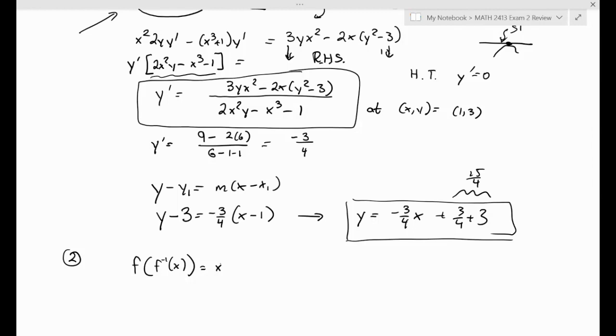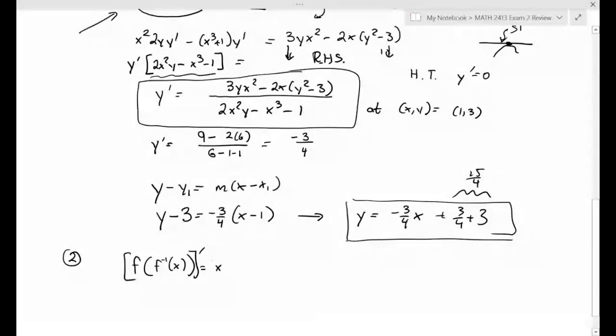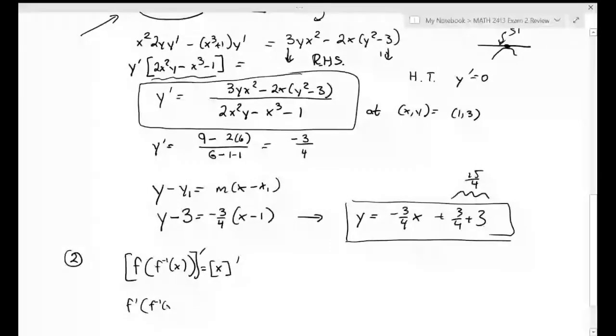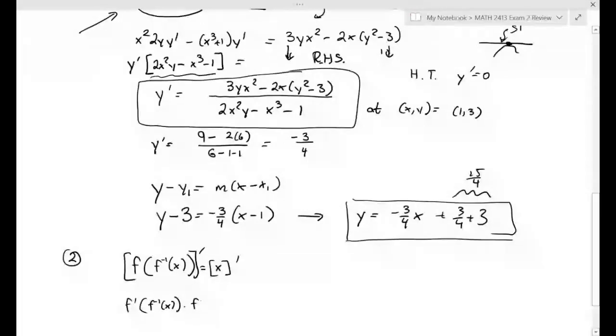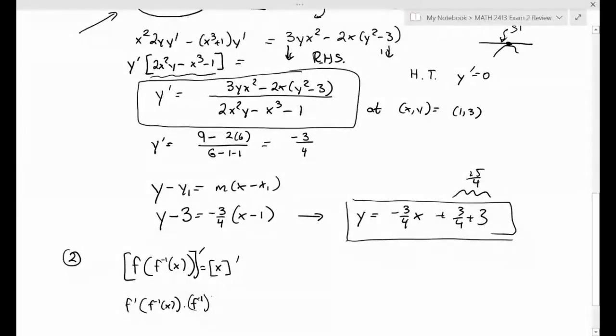The formula you derived was an application of the chain rule. We just differentiated both sides with respect to x. I'm going to write prime. The chain rule says you differentiate the outside function, which is just f, leaving the inside alone, and then multiply by the derivative of the inside. Here the notation was really cumbersome because it's the derivative of f inverse.